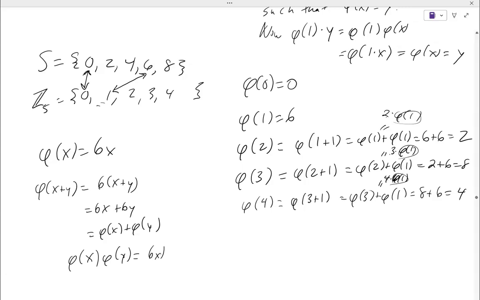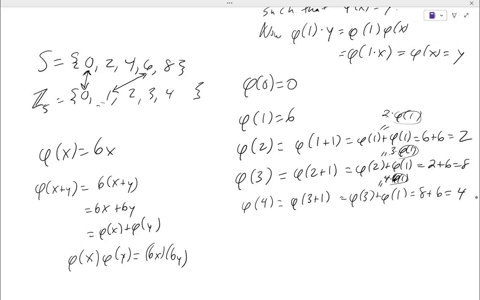6 times x times what? 6 times y, right? Now again, where is the operation taking place when we do 6x times 6y? What ring is that taking place in? The S, which is a subset of Z10, right?